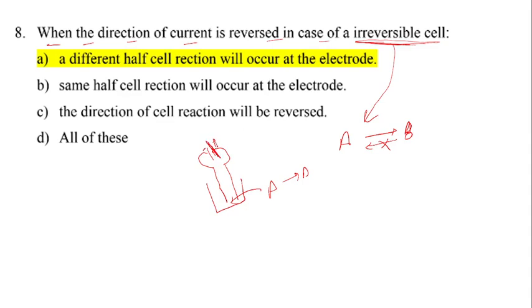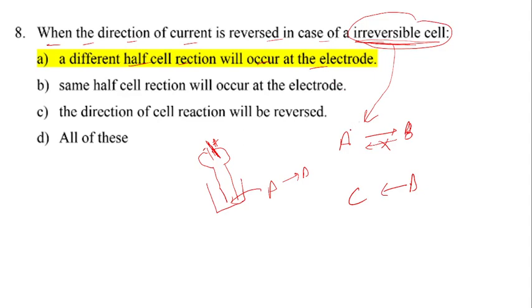But B is not able to convert into A, so it will convert into some other species like C. When you apply reverse potential, it will convert to C. So that's why, when the direction of current is reversed in an irreversible cell, a different half reaction will occur at the electrode.